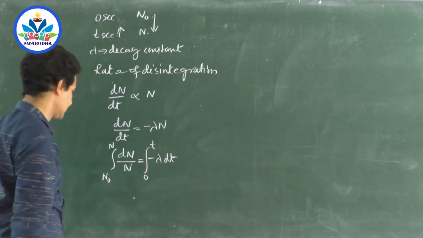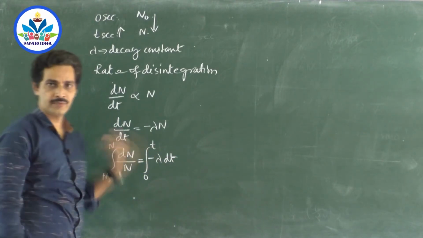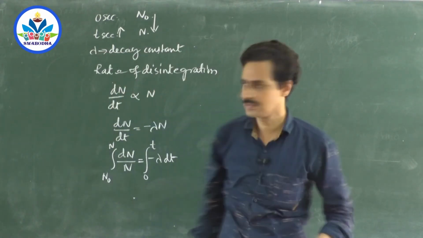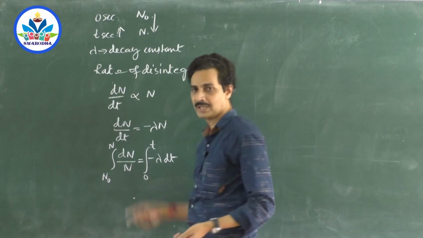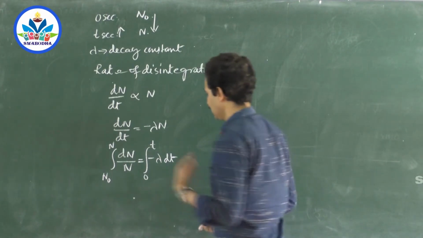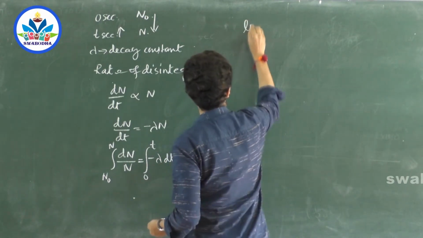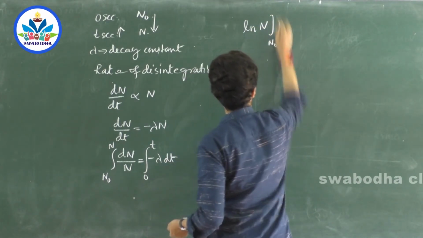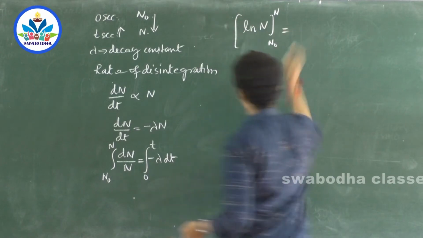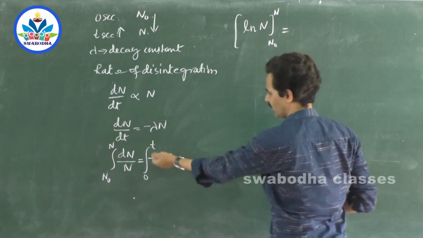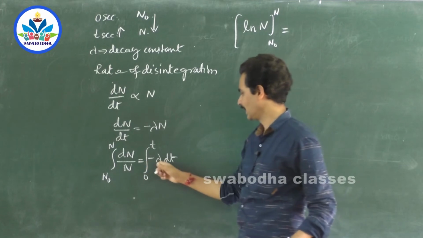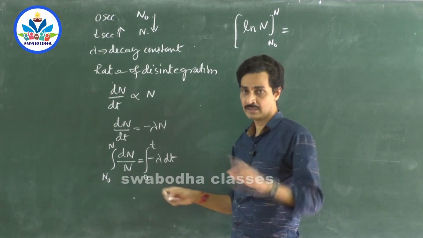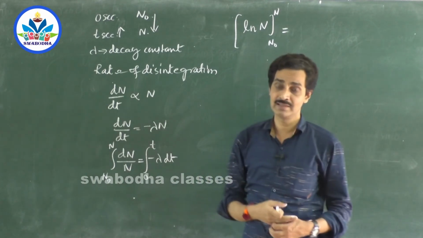When you integrate this, 1 by N: differentiation of log x is 1 by x, integration of 1 by x is log x, and now it is to the base e, so I write ln N, and the limits are from N naught to N, equal to this integration. Here everything is constant, minus lambda into dt, and you can retain 1 here. Integration of 1 dt is t, just as integration of 1 dx is x.